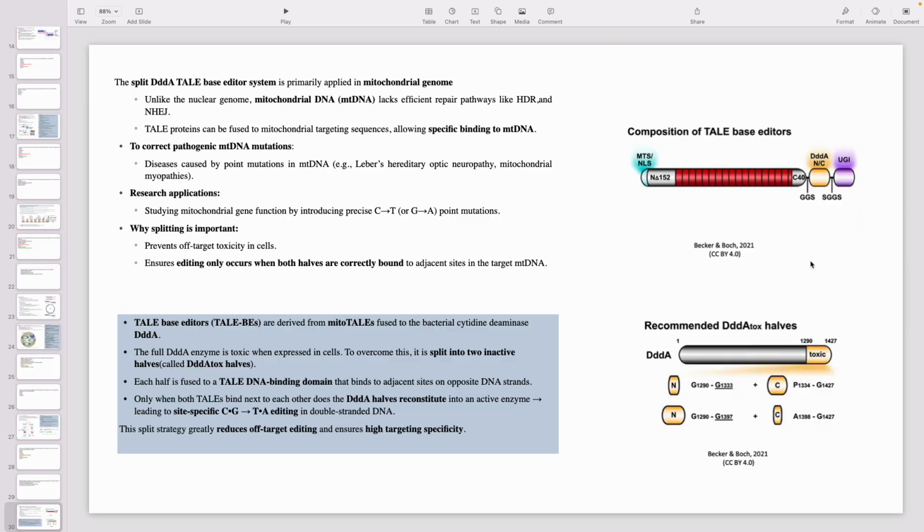Unlike the nuclear genome, mitochondrial DNA lacks efficient repair pathways like homologous recombination or non-homologous end joining. These TALE proteins can be fused to a mitochondrial targeting sequence, allowing specific binding to mitochondrial DNA.